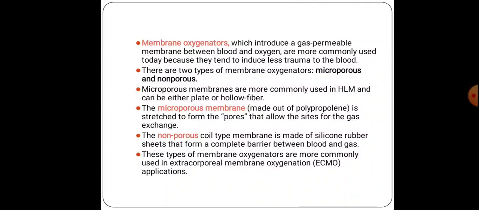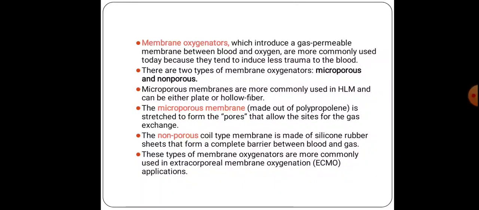It is stretched to form the pores, which enlarges them and creates the sites of gas exchange, because the membrane permits only gas between the blood and the oxygen. In those pores the gas will be exchanged.